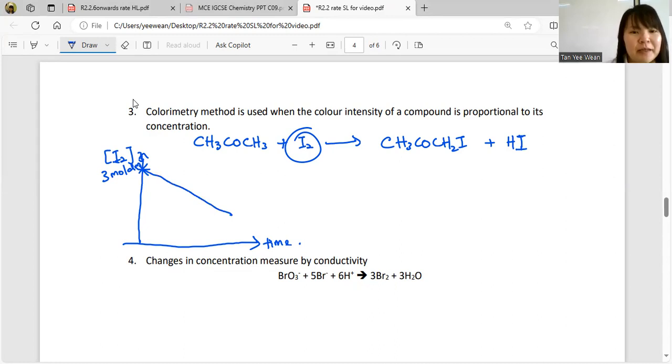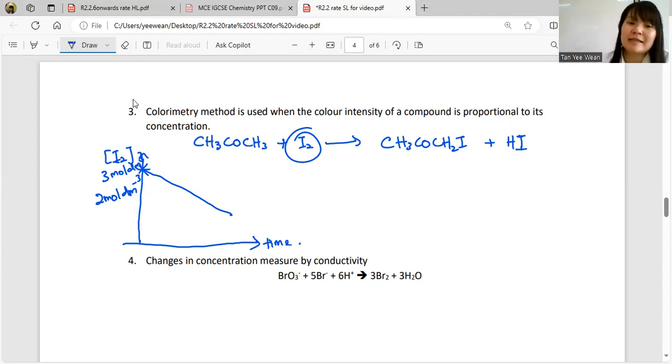And let's say I were to repeat this experiment with another concentration of I2, but then I repeat it with 2 mole per dm cube. And if I find that the rate of reaction is not disturbed, is the same, sounds like not a very good IA, right?